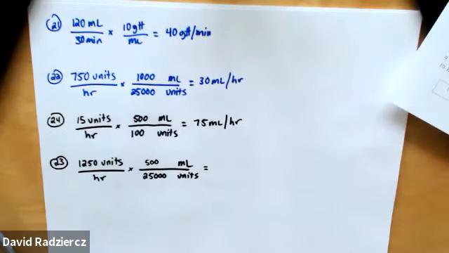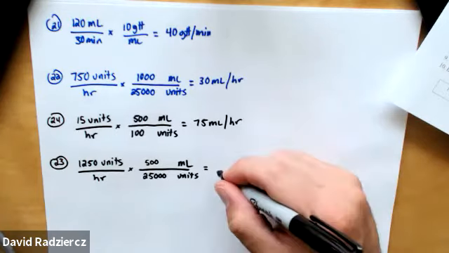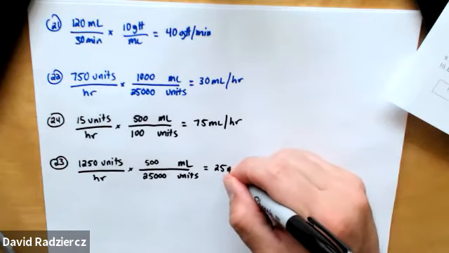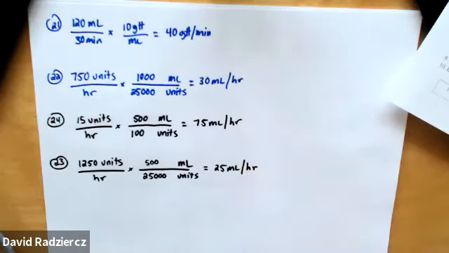I'm going to take the 1,250 times 500, which gives me 625,000, divided by 25,000, which gives me 25 milliliters per hour. So again, I apologize for going out of order with 23 and 24, but I have them numbered correctly, which is really good.